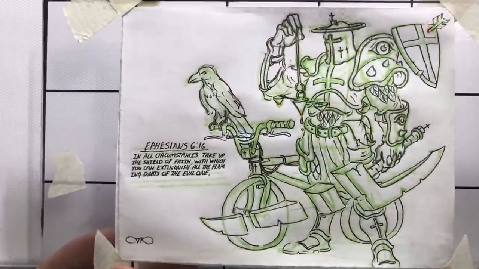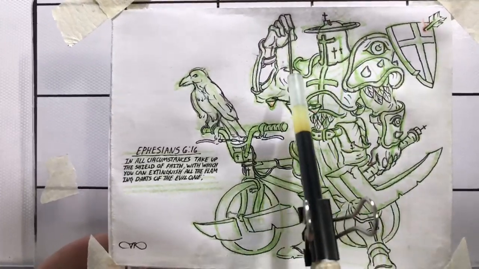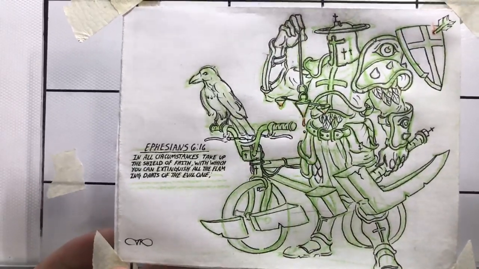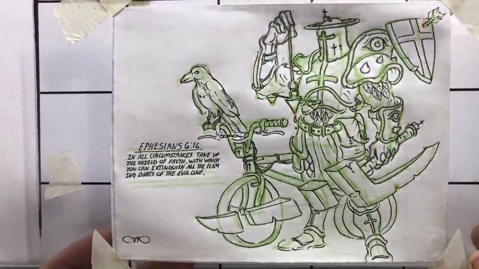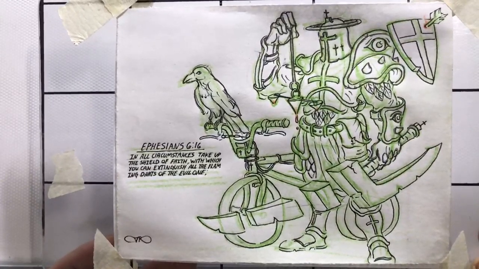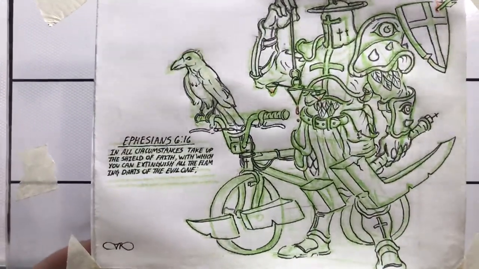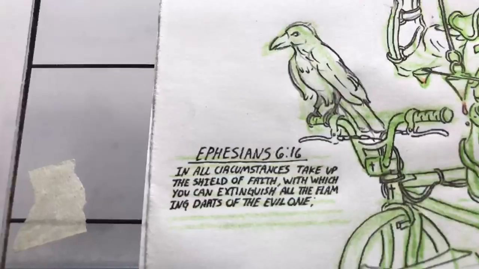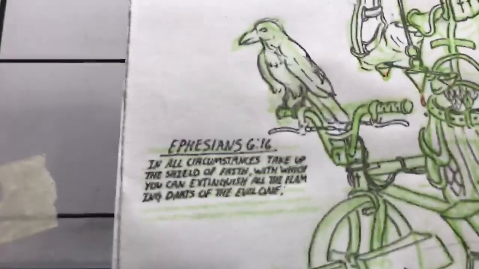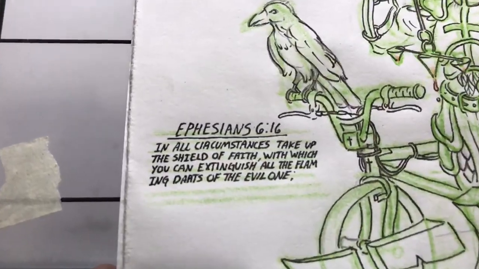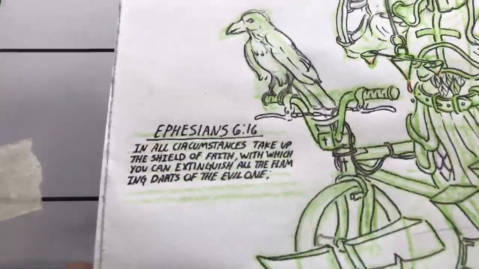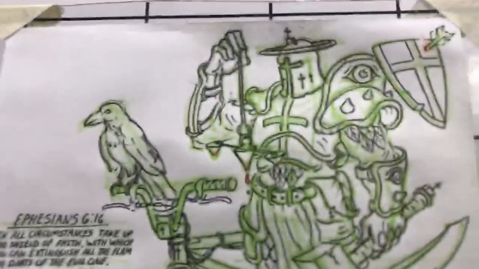It has some scales right here. Balancing weights. I guess we'll get some close-ups. Here's the verse we put in there. Ephesians 6:16, in all circumstances take up the shield of faith, with which you can extinguish all the flaming darts of the evil one.